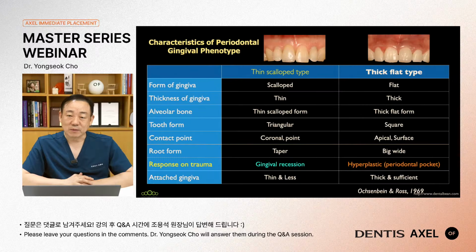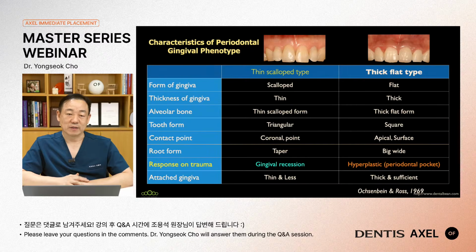In thin scallop type patient, gingival recession will occur as a response to trauma. On the contrary, in thick flat type gingival phenotype, hyperplastic reaction will occur. As a result, it is easy to maintain total tissue volume in thick flat type.